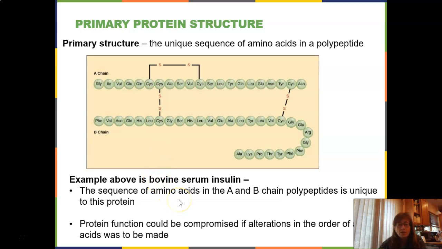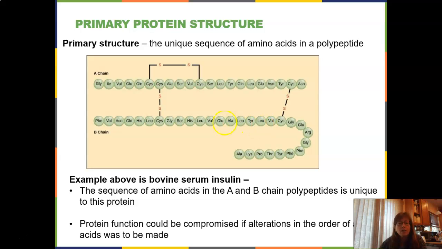So here, for example, is insulin, and it's made up of 2 chains of these polypeptides, and the order of these amino acids in these long primary structure chains is what determines the ultimate fate of this protein.